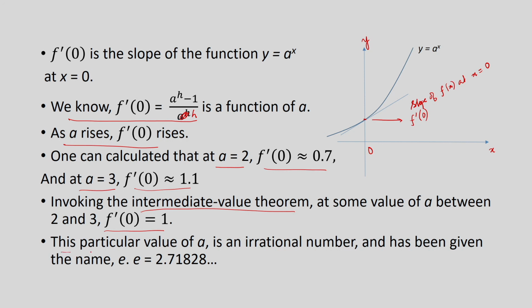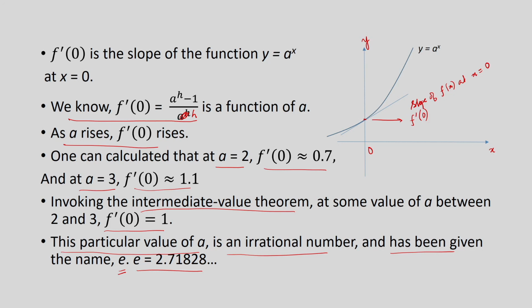And this particular value of a is important. It is an irrational number, and it has been given the name e, and the exact quantity of e cannot be specified because it is an irrational number. But it is very close to 2.71828, and it goes on like that.